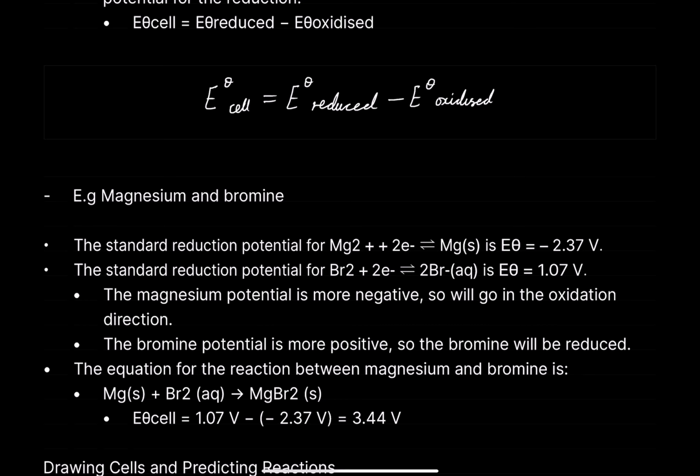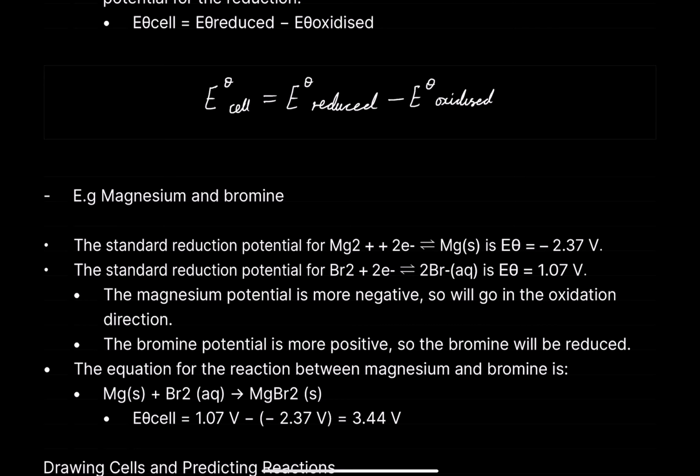If I told you that magnesium was the one being reduced here, in fact, they give you questions like this. They say things like, why is it less likely for magnesium to be reduced, or why is it less likely for bromide ions to oxidize?